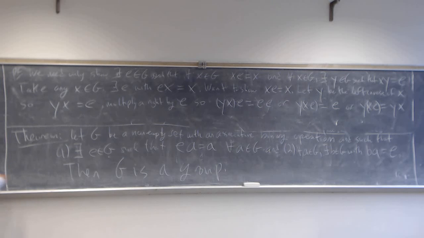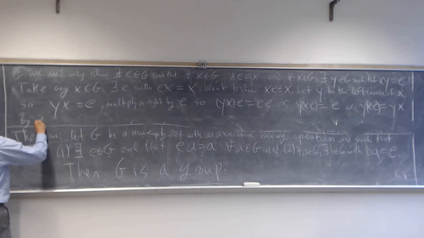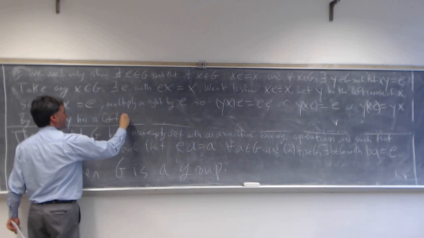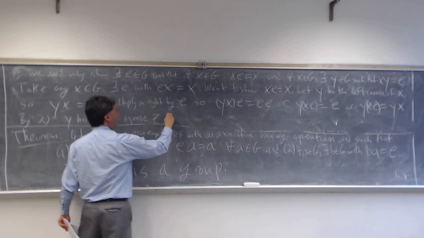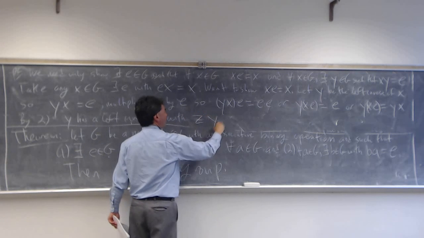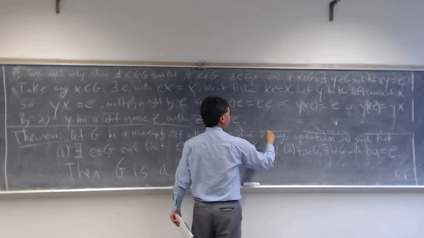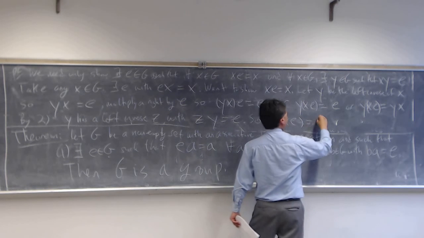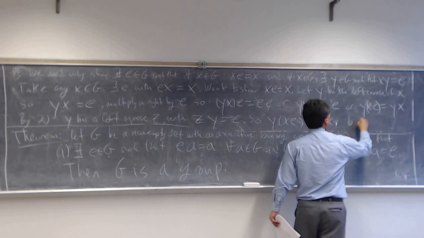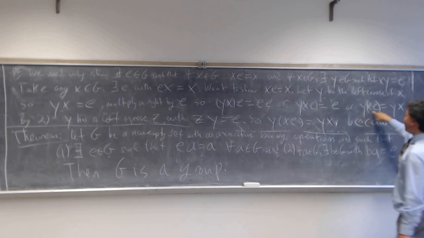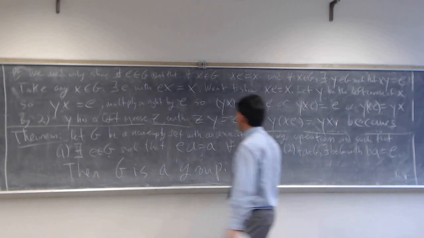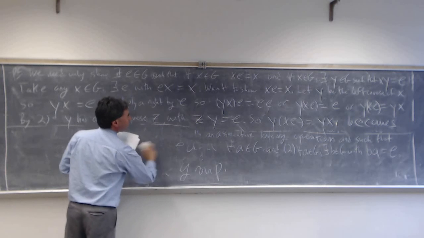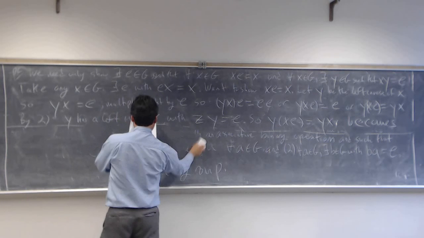Y is an element of the group, so by assumption 2, y has a left inverse z with z times y equals E. So this equation becomes, I'm going to multiply on the left by z.